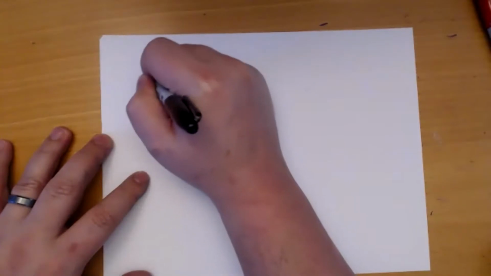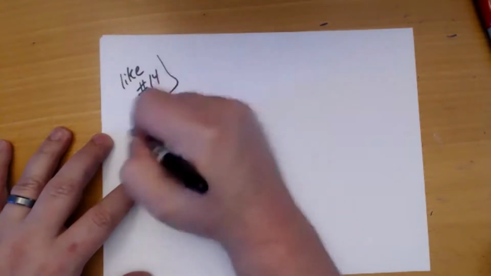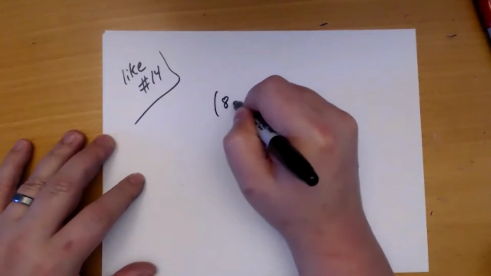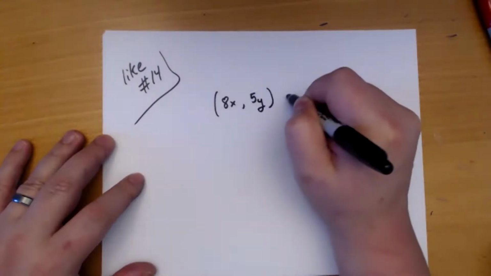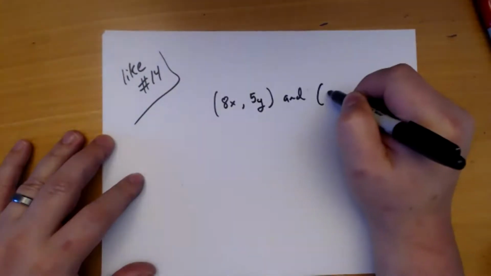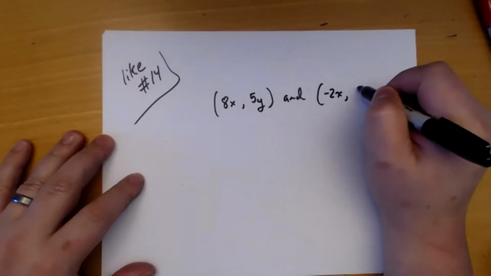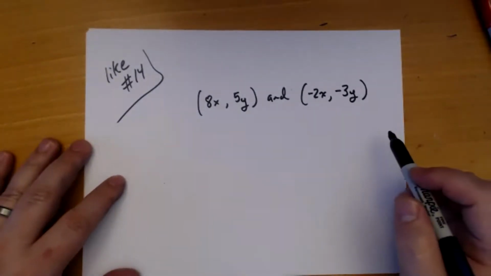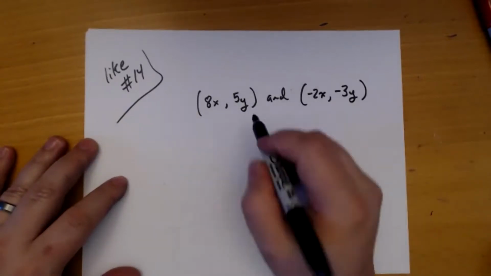So it's kind of like number 14. It's not the exact problem. Okay, so you would do like you've always done. You take your x's and you put them together.